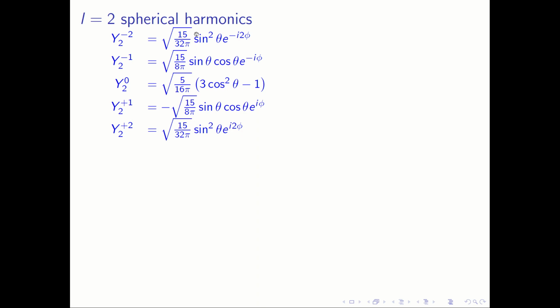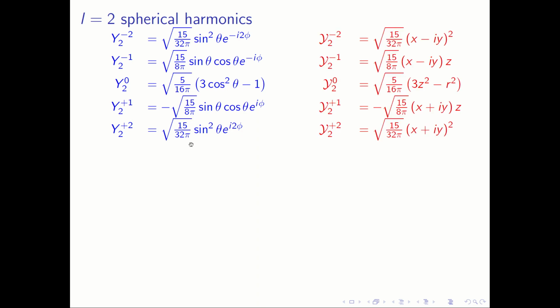From here, going on to the curly Y's is simple. All you do is multiply each one of them by an extra r to the power L, r squared rather, remember. But once you do that, you should realize that r squared sin squared theta e to the minus i 2 phi is simply the square of r sin theta e to the minus i phi, which we met in the last slide, and r sin theta e to the minus i phi is just x minus iy.